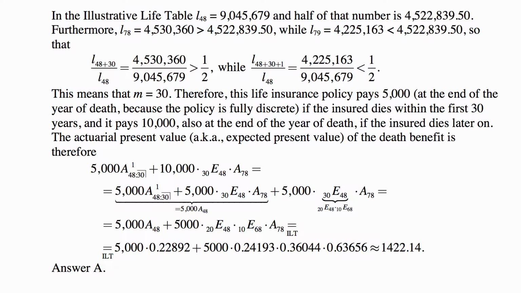And 30E48, the pure endowment factor for 30 years, is not in the table, but 20E48 and 10E68 are, and 30E48 is a product of these two. So we look them up, we plug them in, multiply them by A78, which we get from the table as 0.63656. Plug in all the numbers, we get approximately 1042.14.